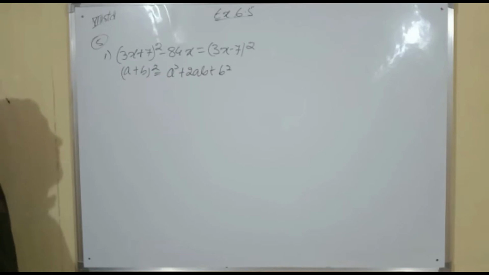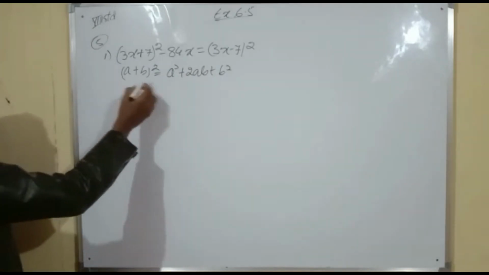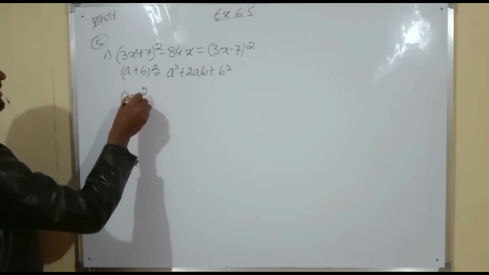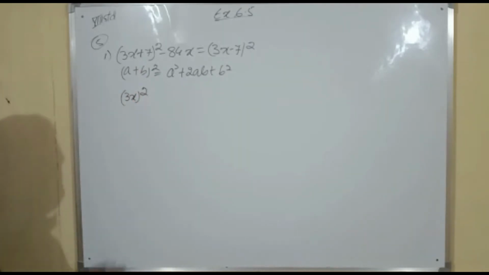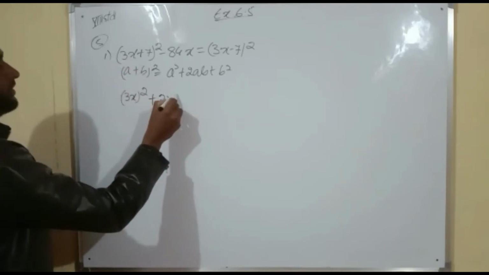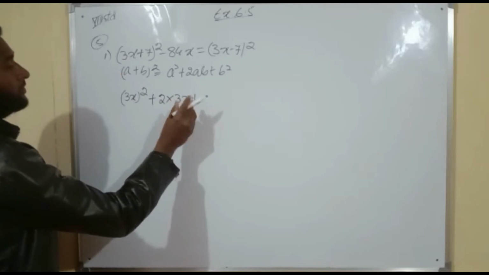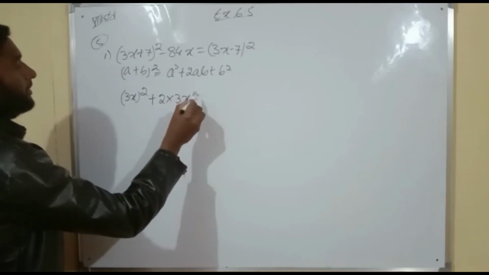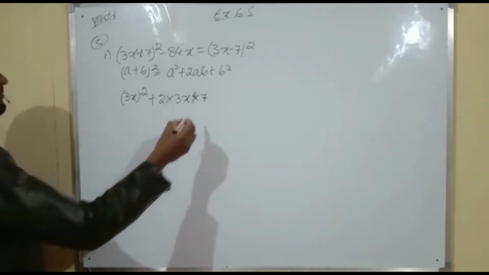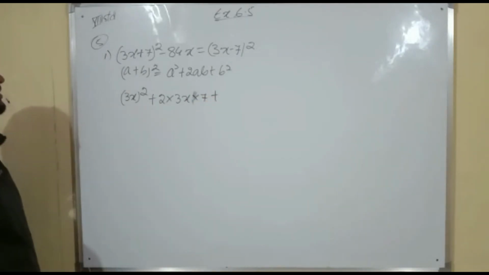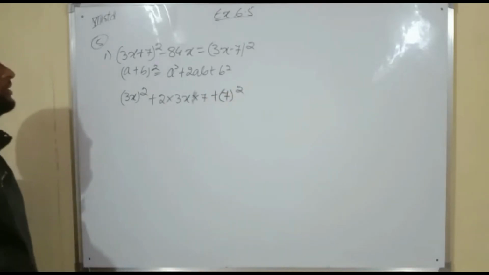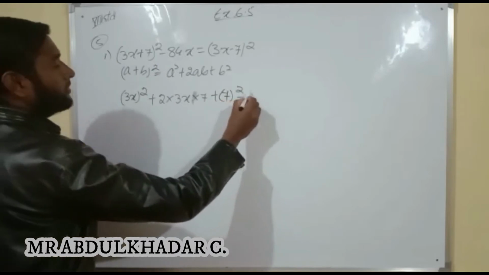See, if you go for the expansion of this, a square is nothing but (3x) whole square, plus 2 into a, which is 3x, into b, which is 7, that is 2ab, plus b square is nothing but 7 square, minus of 84x.